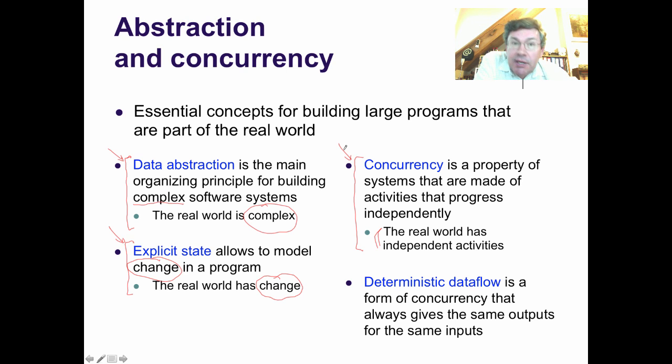But concurrency is actually quite complex to program in its most general form. So we introduce a simpler model called deterministic data flow. This is a form of concurrency that always gives the same outputs for the same inputs. This is what we call determinism, and it allows us to simplify greatly how we program concurrent systems.